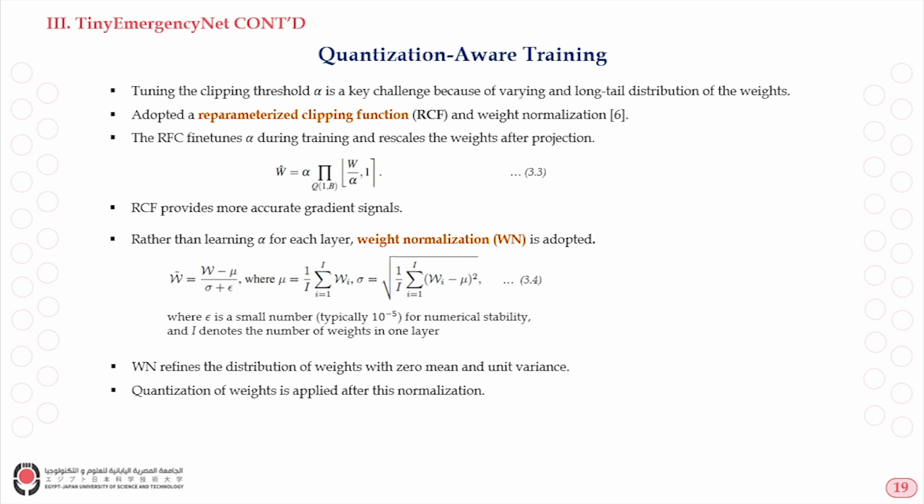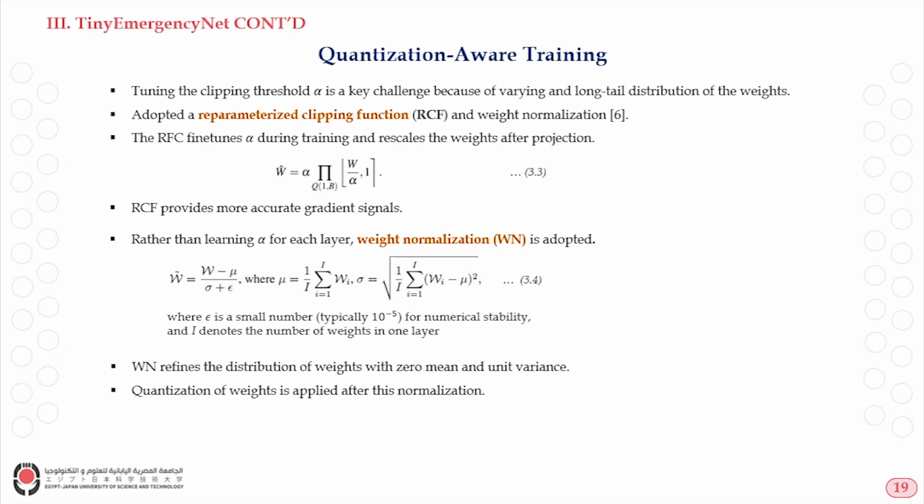We adopted a technique called the reparameterized clipping function, so that as much as we were clipping the weights, during training we consider them in the calculation of the gradient. So when you are doing the training of models, in the backpropagation there is the calculation of the gradient. So rather than doing the clipping without considering the weights that we clipped off, we include them in the training.